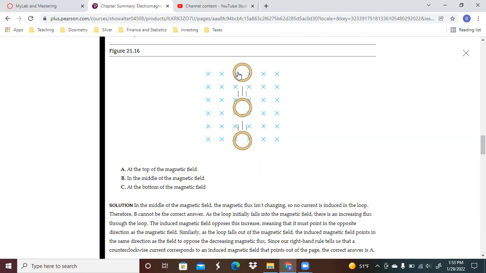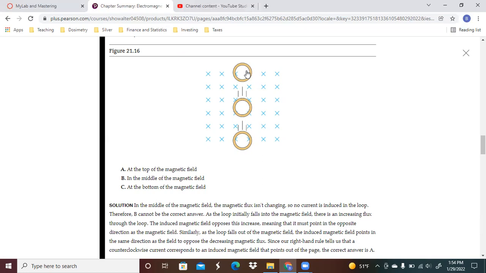Therefore, it has to create a magnetic field that's coming out of the page. In order to produce a magnetic field that comes out of the page in order to resist the change, you would take your right hand fist and point the thumb in the direction of the needed change in the magnetic field, which would be upward.